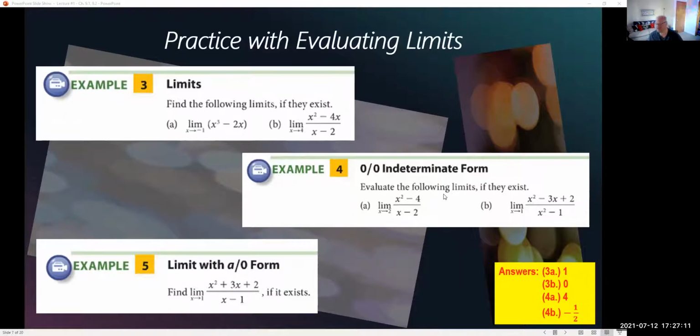All right, my friends, let's start with example 3, which is asking you to find the following limits if they exist. Our first limit looks like this.